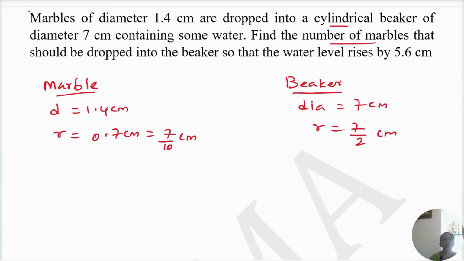Find the number of marbles that should be dropped into the beaker so that the water level rises by 5.6 centimeter. So our height of the beaker is now 5.6 centimeter, so 56 divided by 10 centimeter.